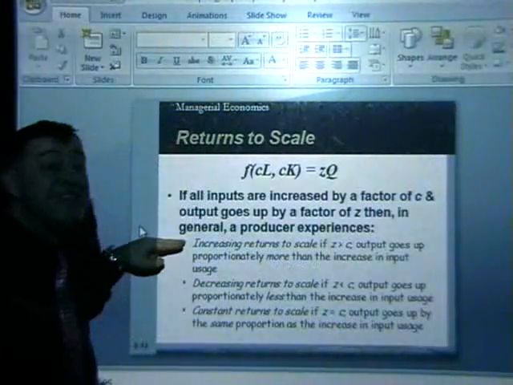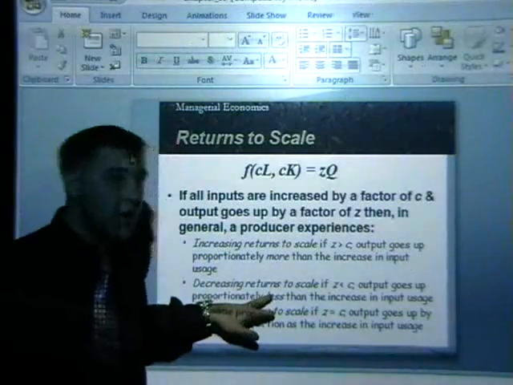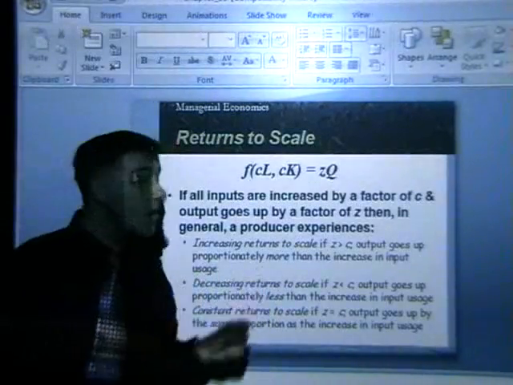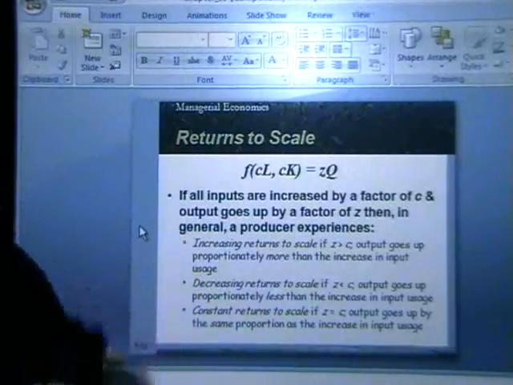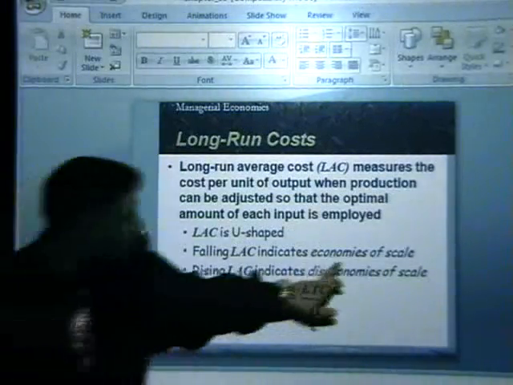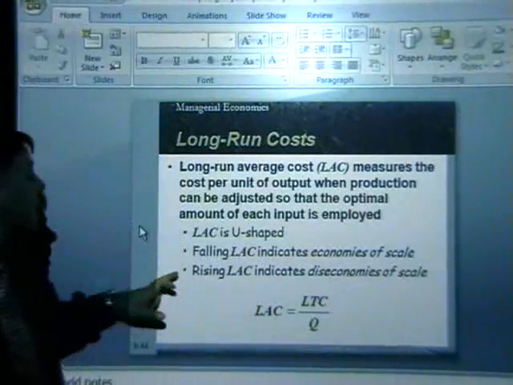So we call this economies of scale. The decreasing we call diseconomies of scale. So increasing returns to scale indicates economies of scale.